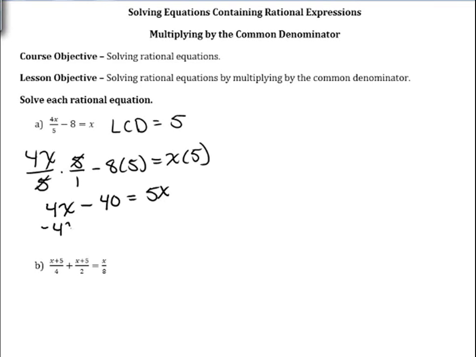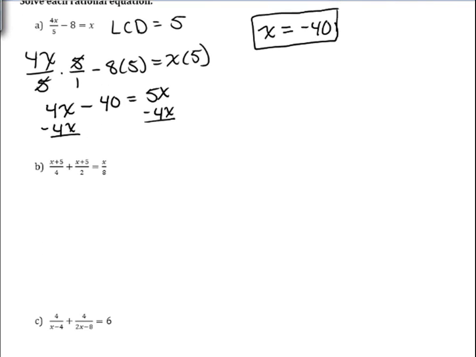So we're going to subtract the 4x from both sides. And when we do that, 5x minus 4x is x, and it's equal to this negative 40 here. Always remember to do a visual check to make sure that our answer doesn't cause us to divide by 0, and since there's no x's in denominators here, our negative 40 is going to work.